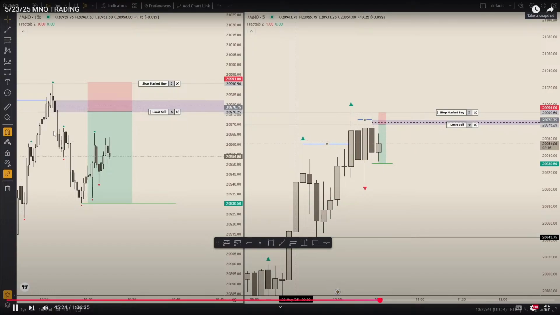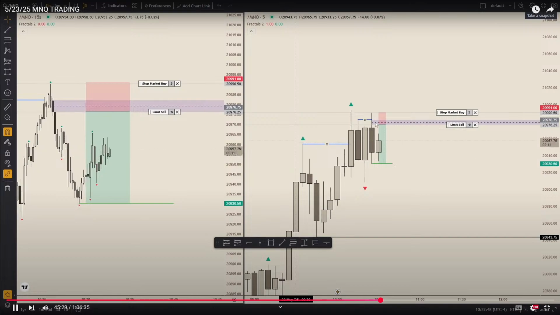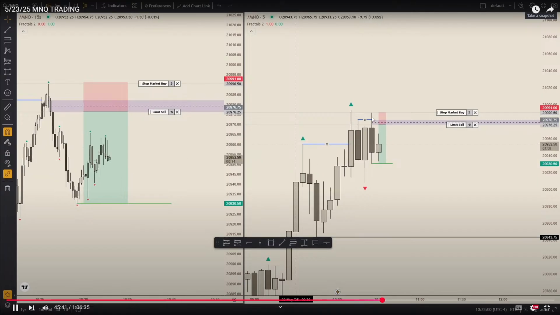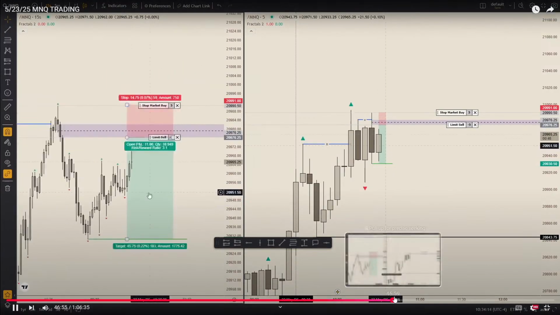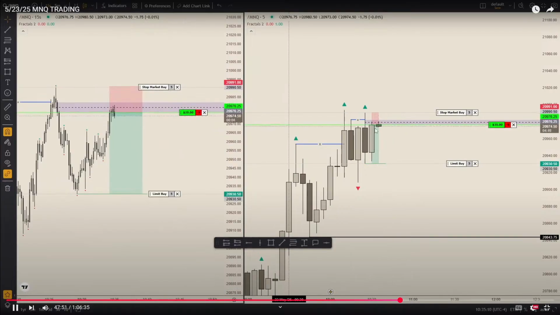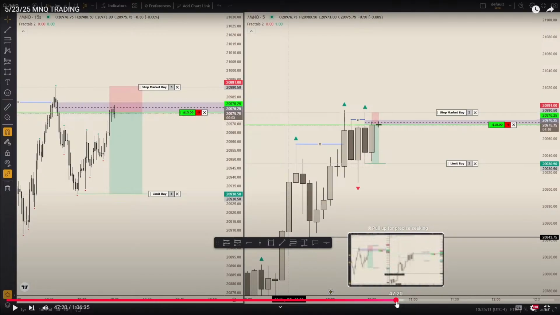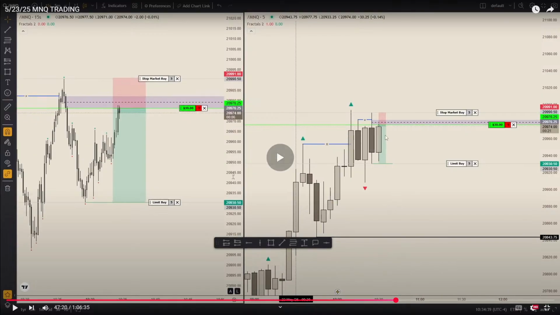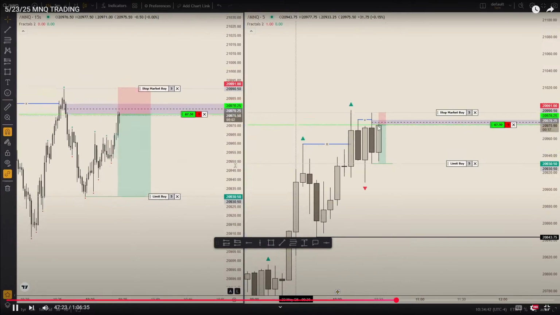At this point, I thought maybe I was going to get filled here. So this candle's low was going to be my target. But since we didn't get filled on this 5-minute candle, this candle's low is now my new target. So I'm going to fast forward. You can see we're still within that candle. And I think at the very end, yeah, we're still within this candle.